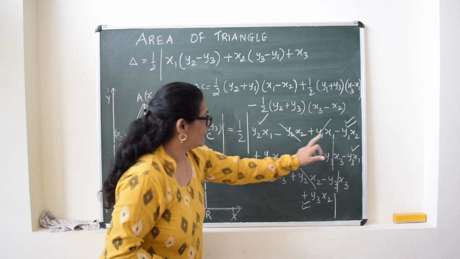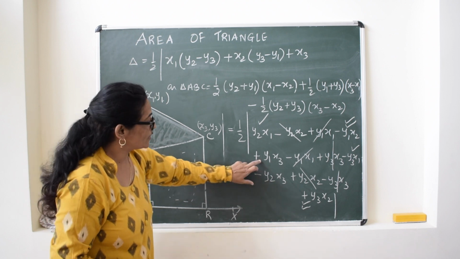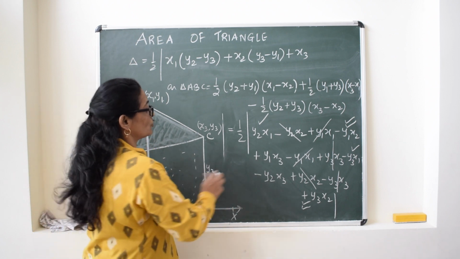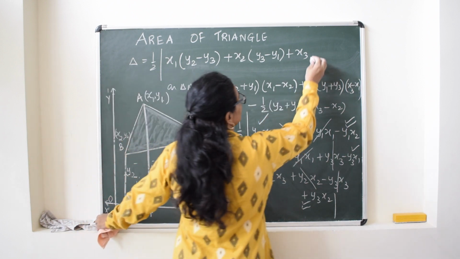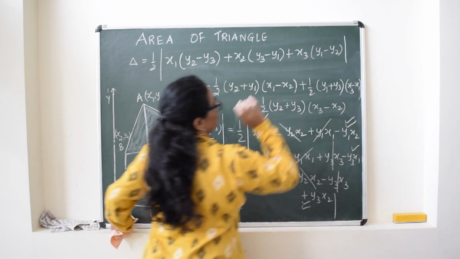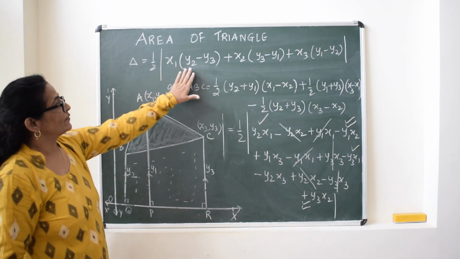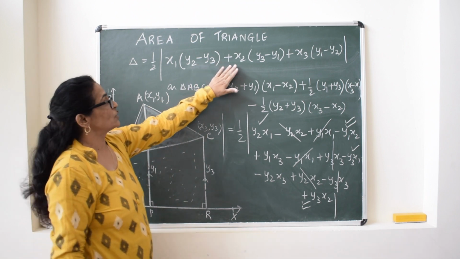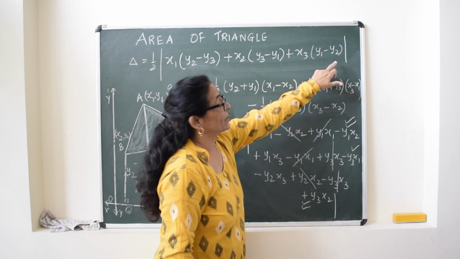Now look over here. x3 is this and x3 is this. This is positive, this is negative. So from these two, x3 is common, so y1 minus y2 is left out. So what we have observed: with x1, it is y2 minus y3. With x2, it is y3 minus y1. With x3, it is y1 minus y2.